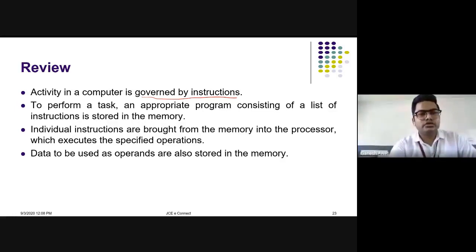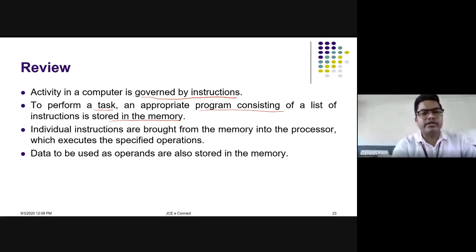To perform a task, an appropriate program consisting of a list of instructions is stored in the memory. Obviously, to perform that task, the program is stored in the memory. What you have to do is written in the form of instructions in the computer.